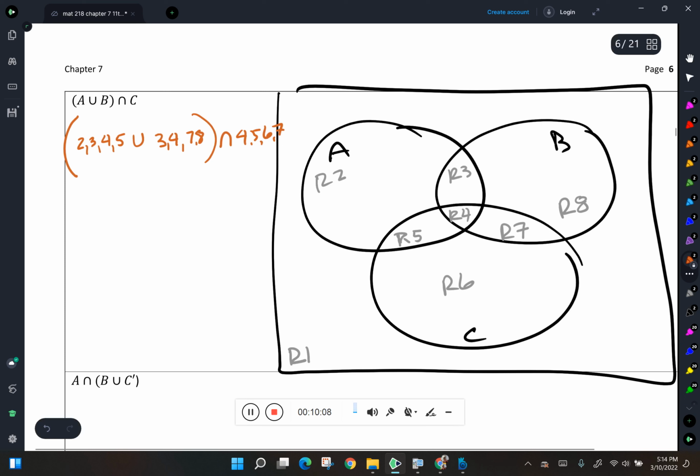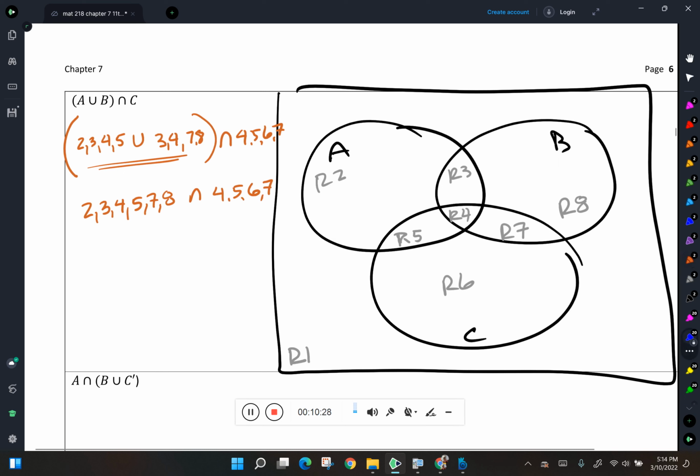Okay. So we're starting inside the parentheses. The union of those is going to be 2, 3, 4, 5, 7, 8. And then I need to intersect that with 4, 5, 6, 7. And so what do they have in common? Because that's the intersection, not the 2, not the 3. They've got the 4 in common, right?